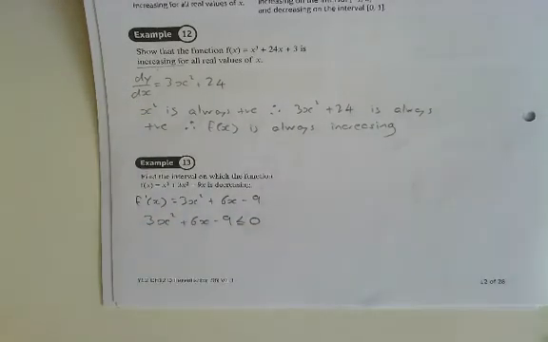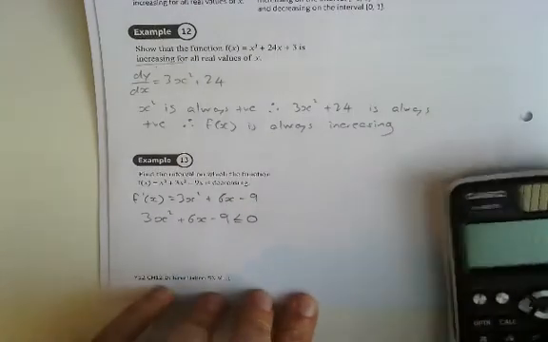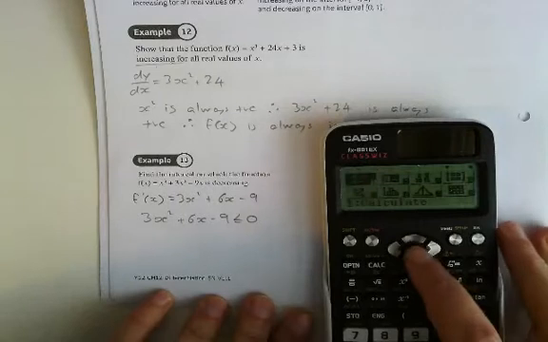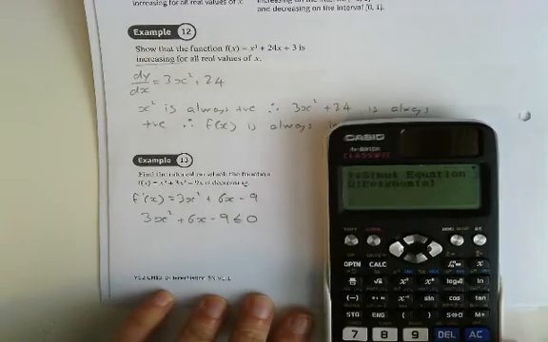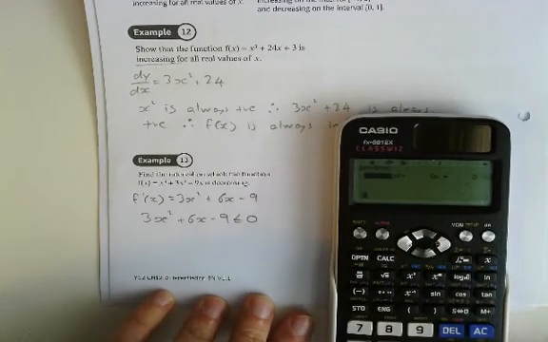Remember, when we're solving quadratics, don't worry about factorising it. I know you all could do that. Plug it straight into your calculator, make the calculator do the work for you.